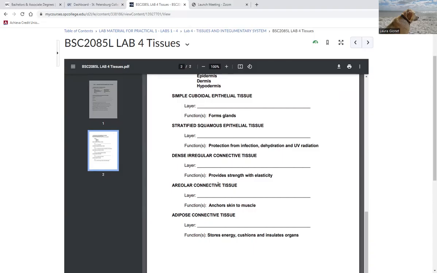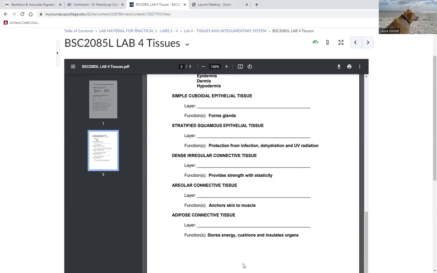And then areolar connective tissue is found in the hypodermis or subcutaneous. Both are terms for the same deepest layer. It functions to anchor skin to muscle. That's where it's found most abundantly.